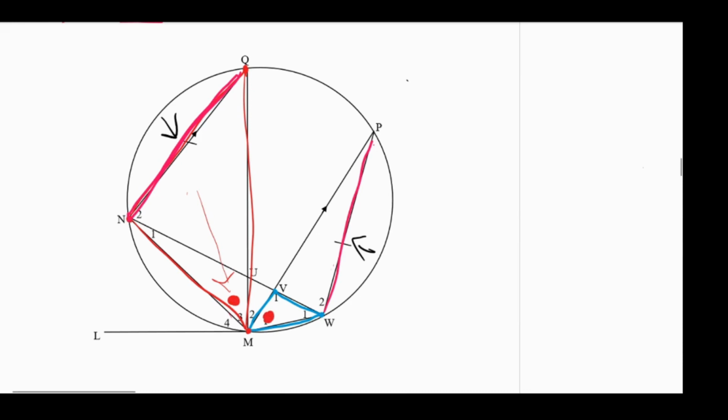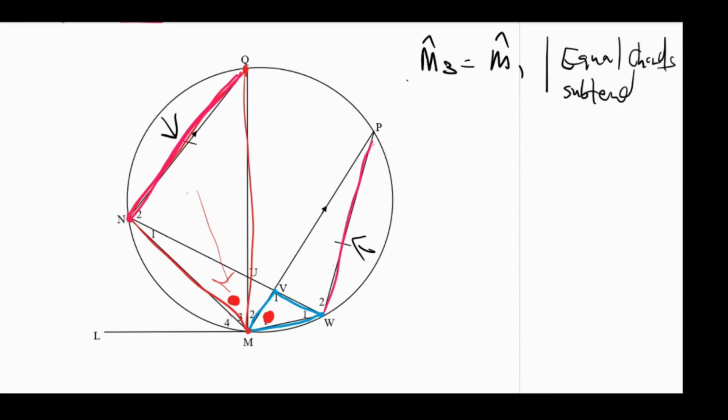So now this means that M3 is equal to M1, right? Equal chords subtend equal angles, right? So that's the first thing that is similar between these two.